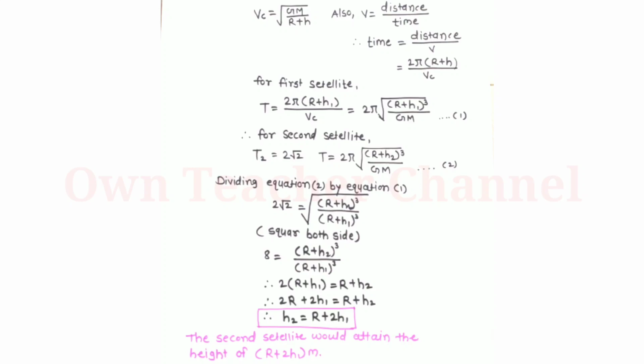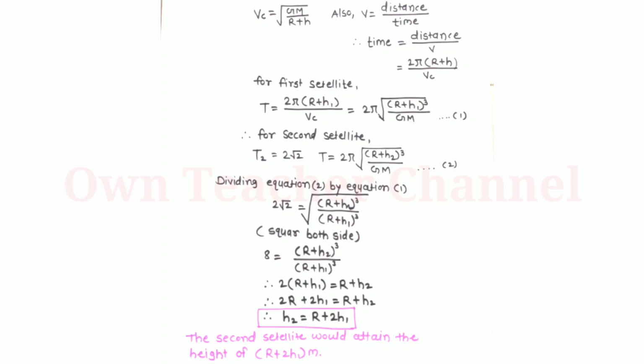Now dividing equation 2 by equation 1. We know T2 is 2 root 2 T. So 2 root 2 is equal to root r plus h2 bracket cube upon r plus h1 bracket cube. Square both sides. 8 is equal to r plus h2 bracket cube upon r plus h1 bracket cube.